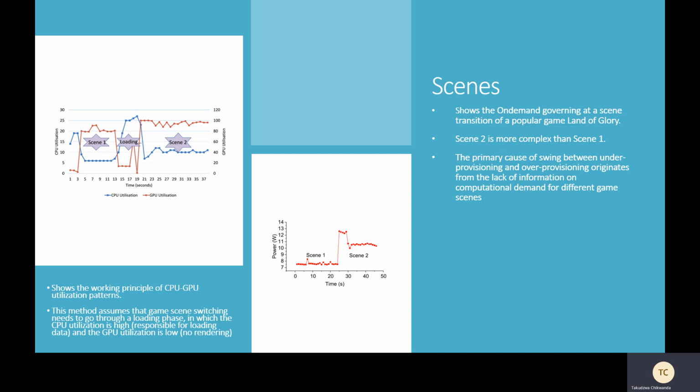So this is what the governing framework that is designed seeks to address, and also be able to tell the expected levels of power for scene 2, rather than going all the way to 13, whilst the scene naturally requires around 10 watts. So this is the other function of the framework.